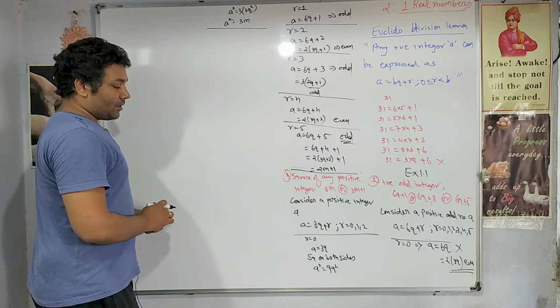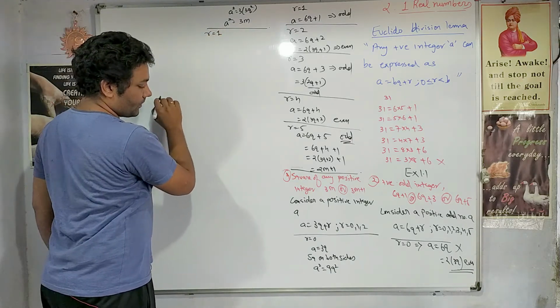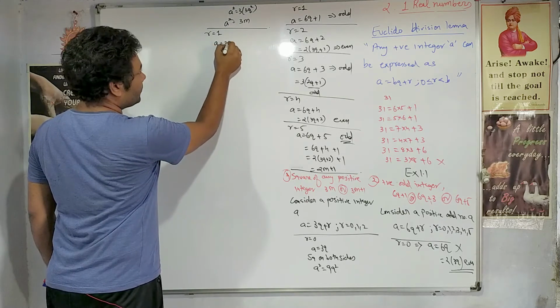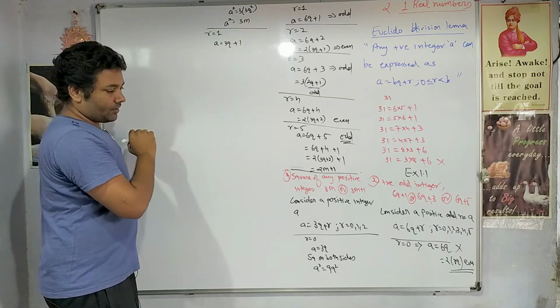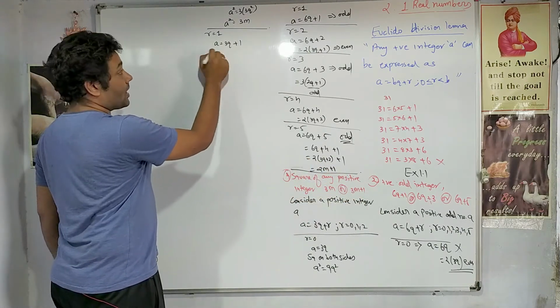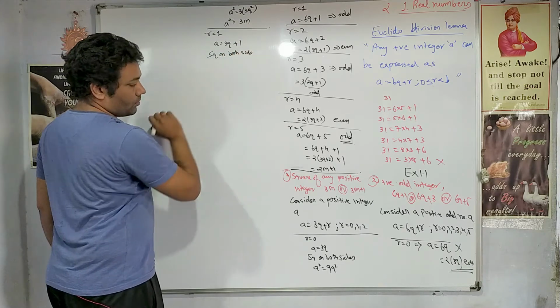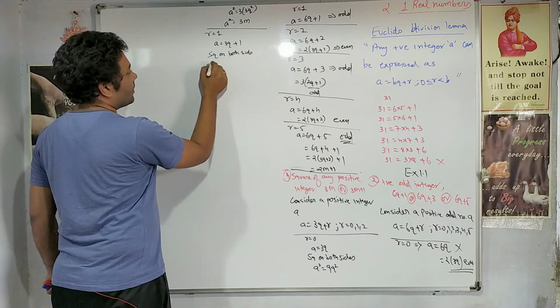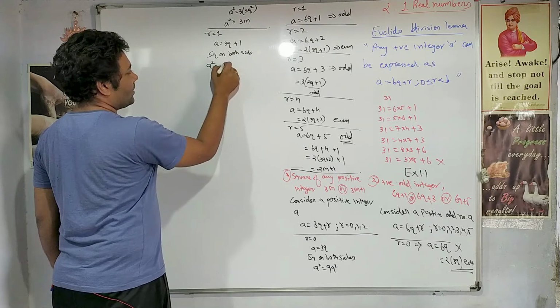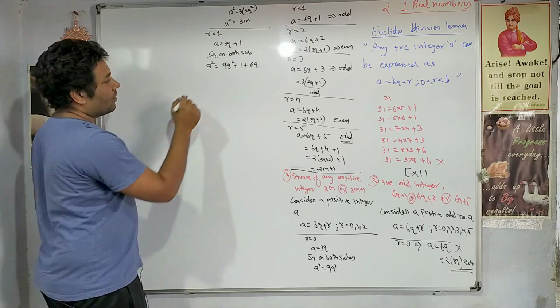Now let us take r equal to 1. So if we take r equal to 1, a will be equal to 3q plus 1, correct? Does it fall into this format? Yes. So again we have to square on both the sides. If we do a square, this side it will be a square plus b square plus 2ab.